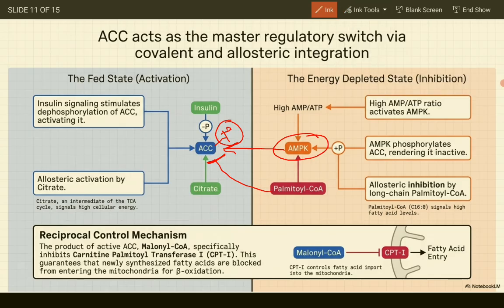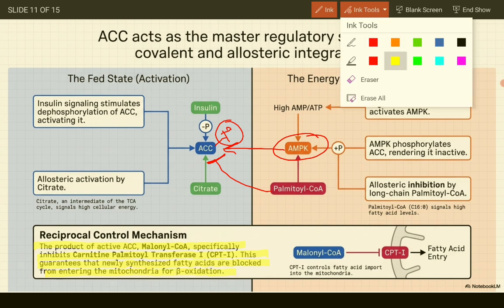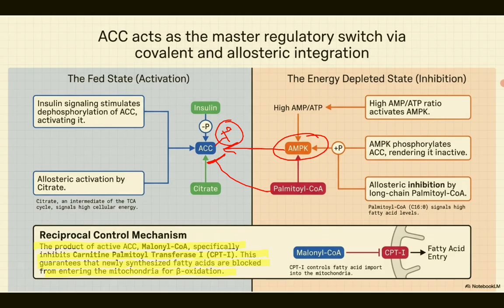Now there is also a reciprocal control mechanism. The product of active ACC is malonyl-CoA, which specifically inhibits carnitine palmitoyl transferase 1, CPT1. This guarantees that newly synthesized fatty acids are blocked from entering the mitochondria for beta oxidation. Now here is the thing, your body worked so hard to produce the fatty acid through the biosynthesis process.